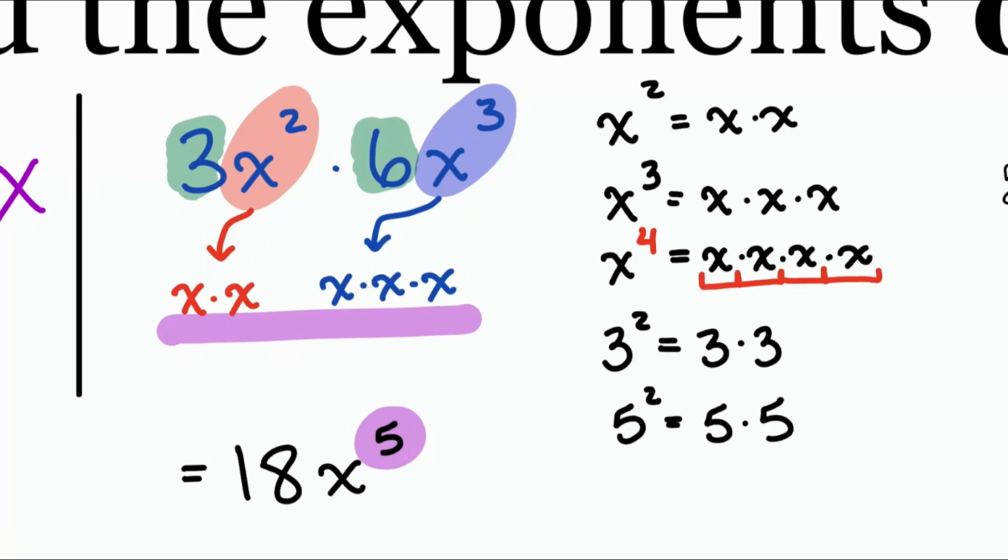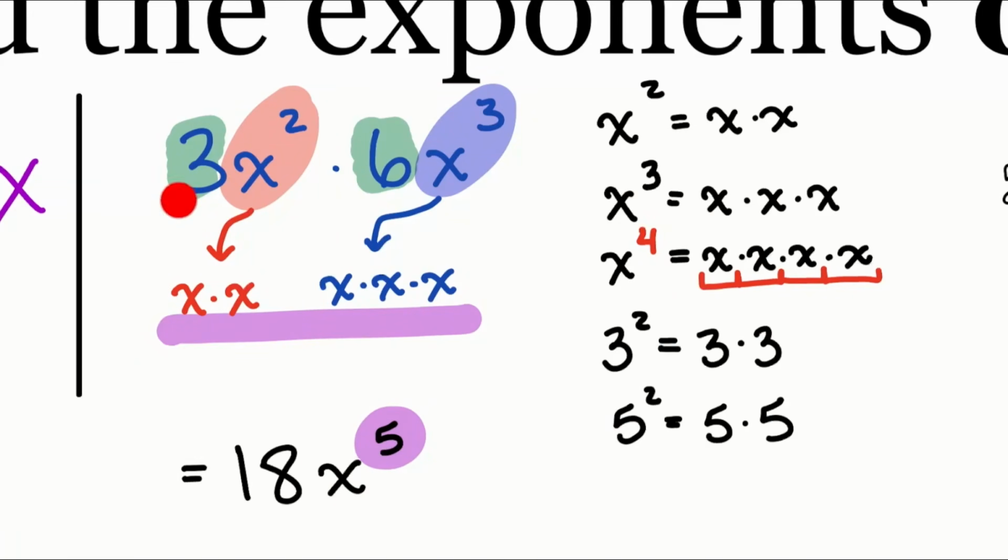I know that was a pretty long-winded explanation, but my party people, does it make sense why we add those exponents when we are multiplying variables of the same kind? I have 2 x's here, 3 x's there. If I multiply all of them together, that is 5 x's multiplied back to back.